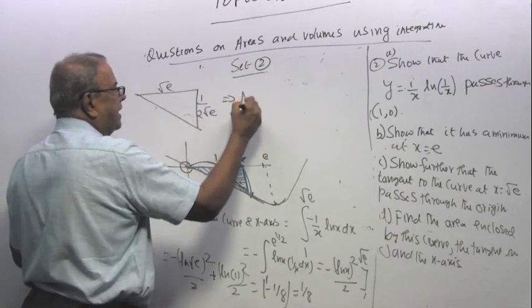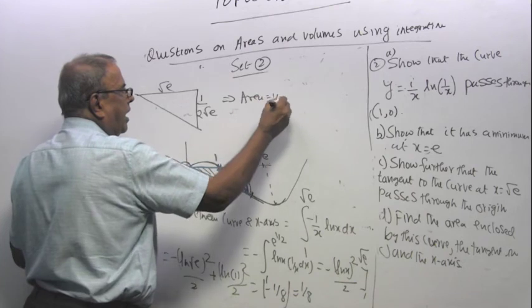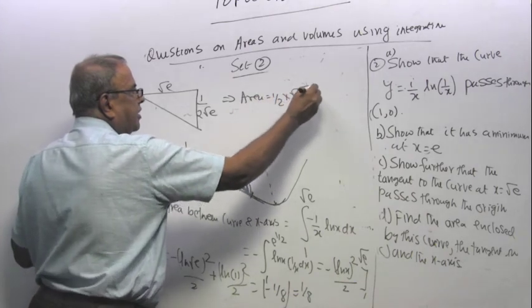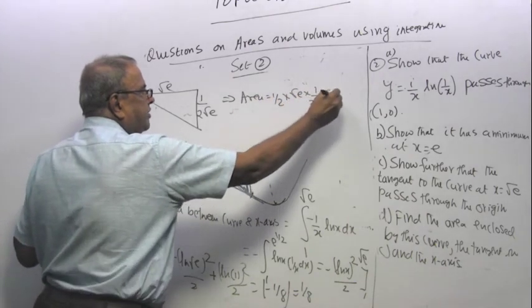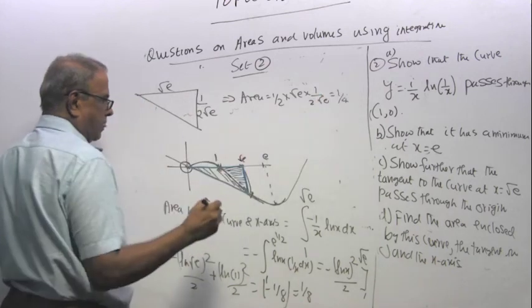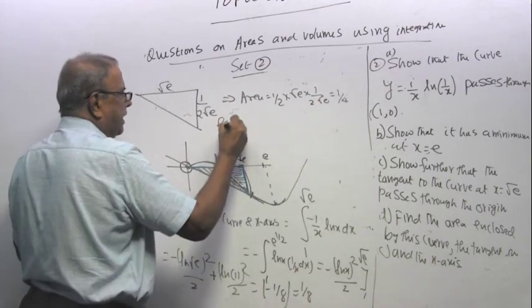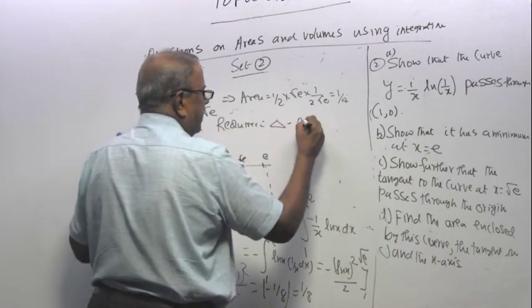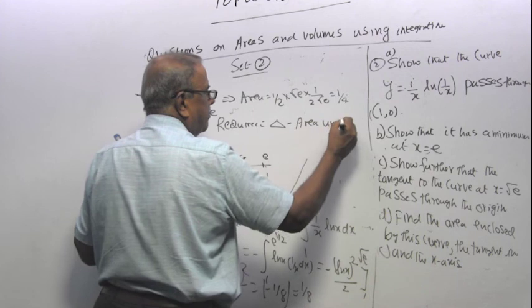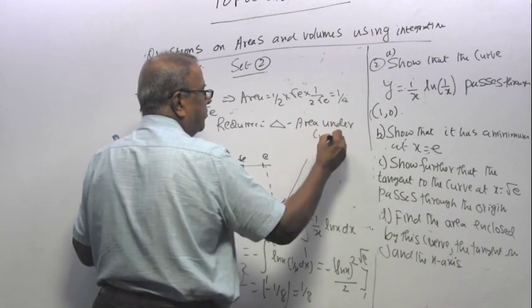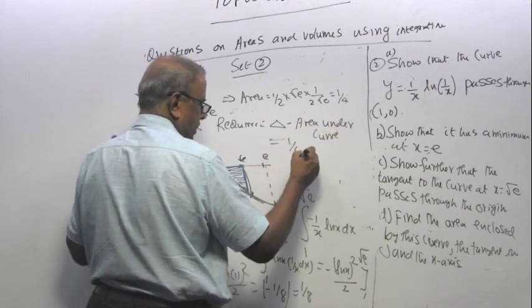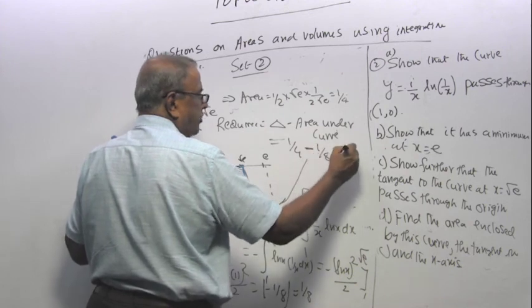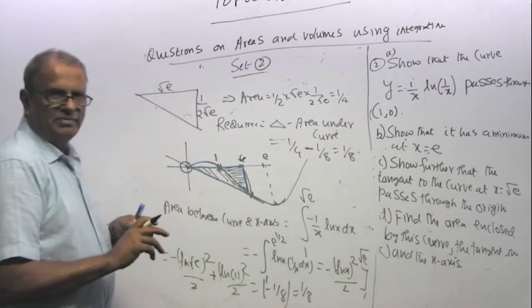So that area is a half times base times height, which is 1 over 4. So required will be triangle minus area under curve, which will be quarter minus 1 over 8. So the answer is 1 over 8.